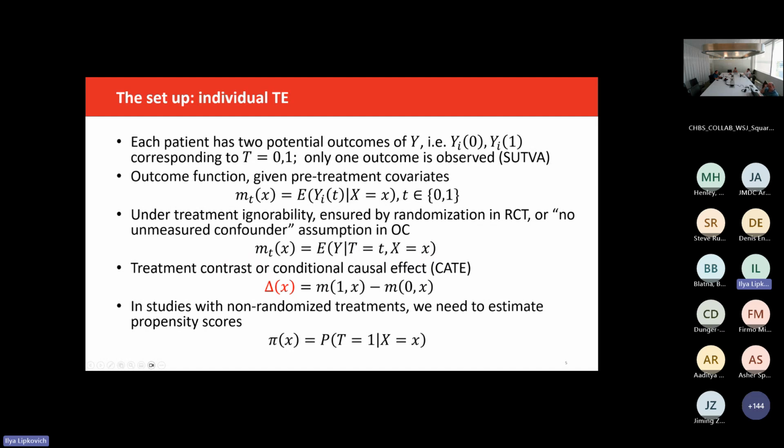But in observational data, we hope that the set of X includes all the confounders. The treatment contrast, or conditional causal effect, is then simply the difference between this function M evaluated for the patient treated and the same patient untreated. In studies with non-randomized treatment, we need to estimate the propensity score, which is yet another challenge. And in randomized clinical trials, it's a known constant.